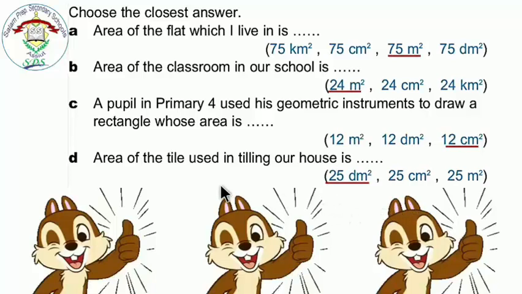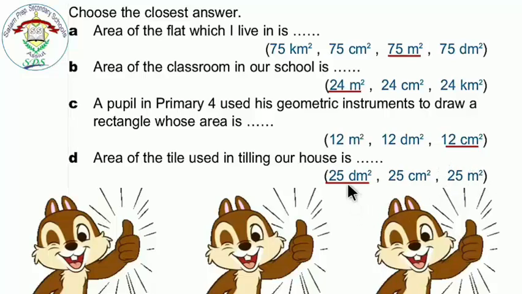Please pay attention with me. We can't use square meter. We can't use a tile side length of 5 meter because 5 meter is very long. The tile used in tiling our house is small, so we will exclude square meter.